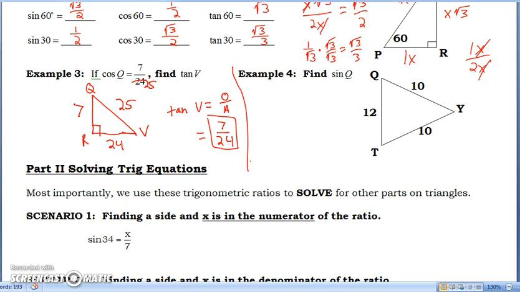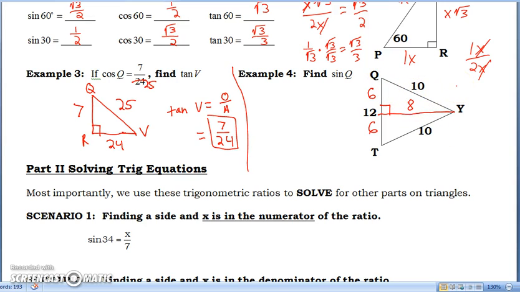Example 4, we have to find the sine of Q. This is not a right triangle, so because this is isosceles, I'm going to draw in an altitude, which is also going to be a median. So this is 6, and this is 6. This is also a multiple of the Pythagorean triple, 3, 4, 5, 6, 8, 10.